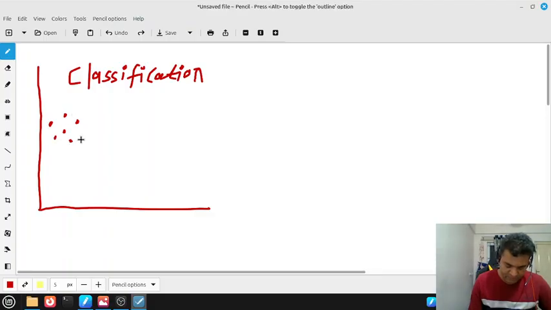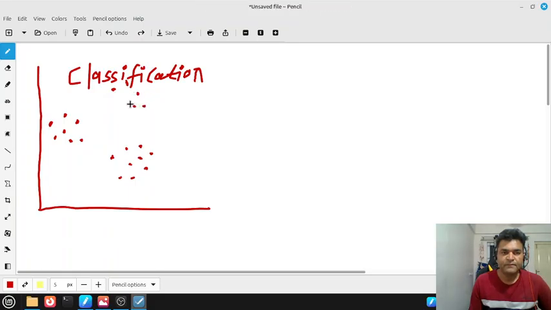This is one color of data, and here we have another set of data, and here another set. This is the model we already have after training. It is already trained, and now we want to classify, to predict for our inputs.